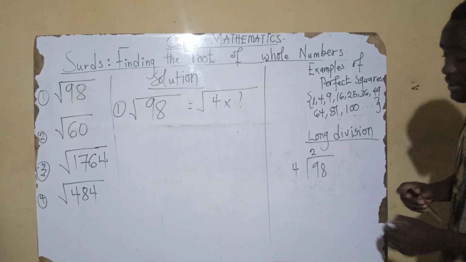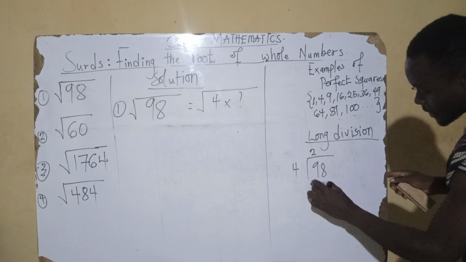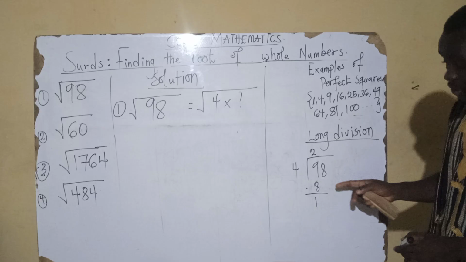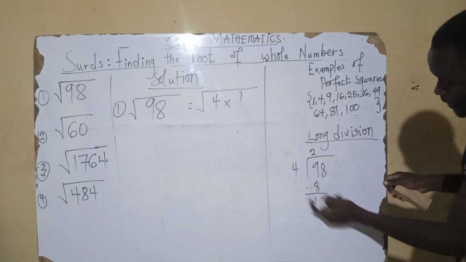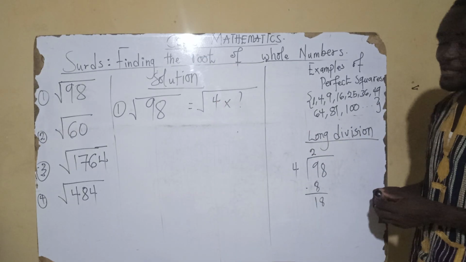So I have 2 here. 4 times 2, I'm going to get 8, remainder 1. So there will be a remainder, and 4 will not work.